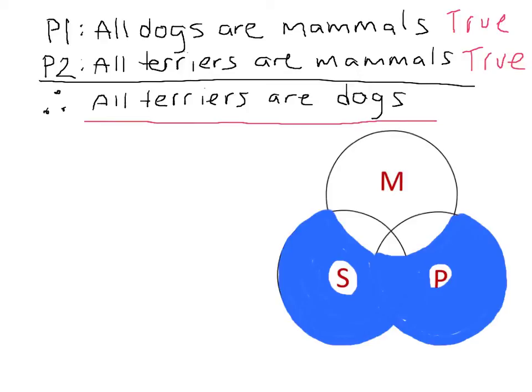And since it's possible, this ends up being actually the S category and dogs is our P category. If this were a valid argument, this region here would be shaded in, forcing all S's to exist in this unshaded region.